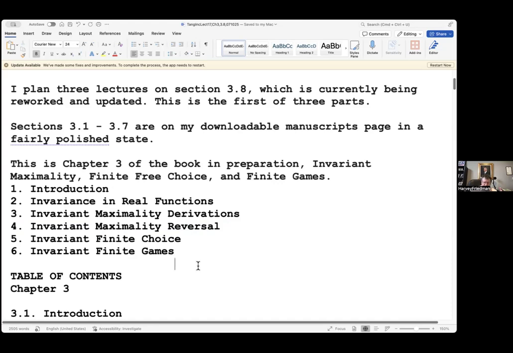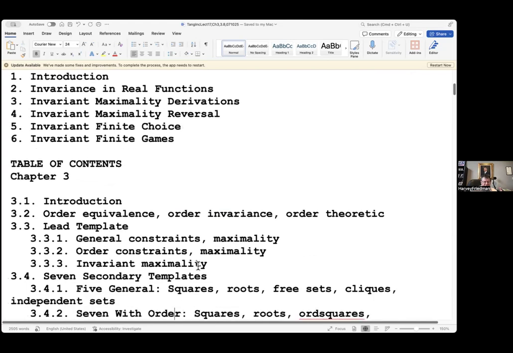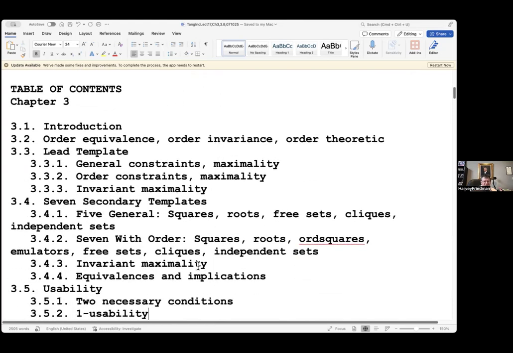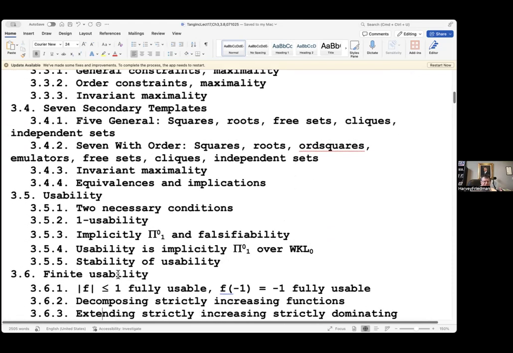So the table of contents has changed a little bit. We already did this basic stuff. Usability.